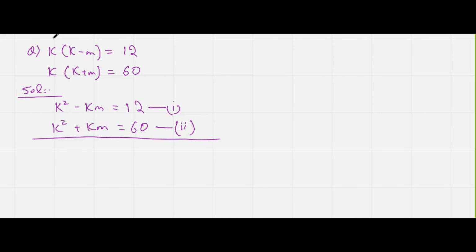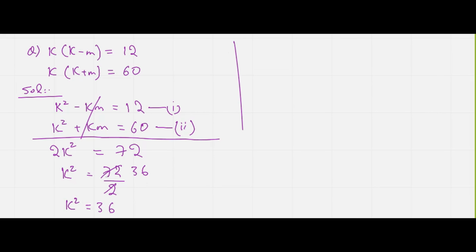I will cancel this term. I'm having 2k square on the left side, and over here I'm having 72 left. So k square is 72 by 2, it's going to be 36. So k square is 36.